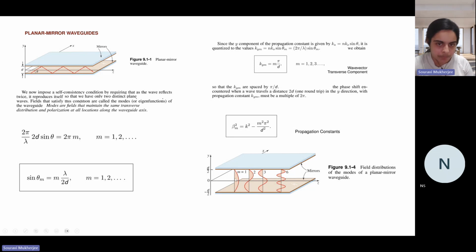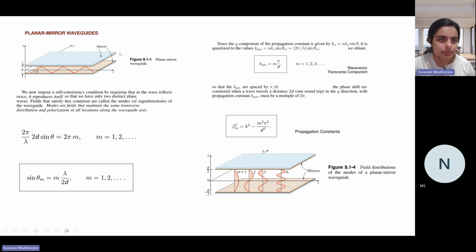For the self-consistency condition to be satisfied, if the given width of a waveguide is d, then the mode with the largest wavelength should be 2 times d. Pictorially, that's how you can understand it.